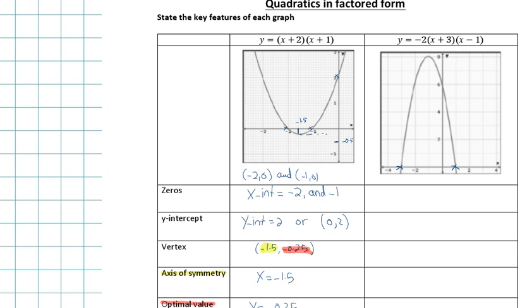So the x-intercepts are negative 3 and 1. Or you can also write them in a different way: negative 3, 0 and 1, 0.